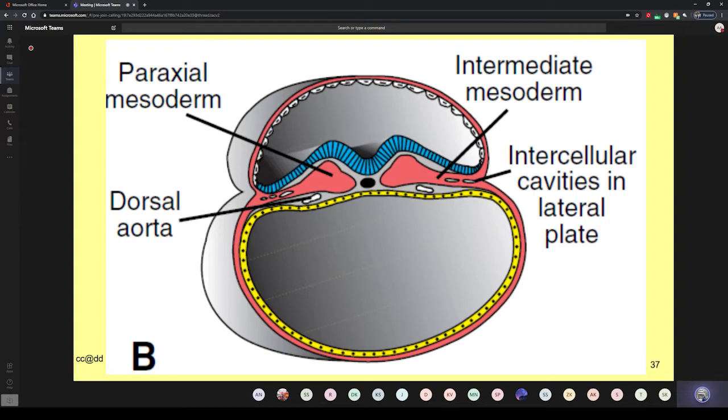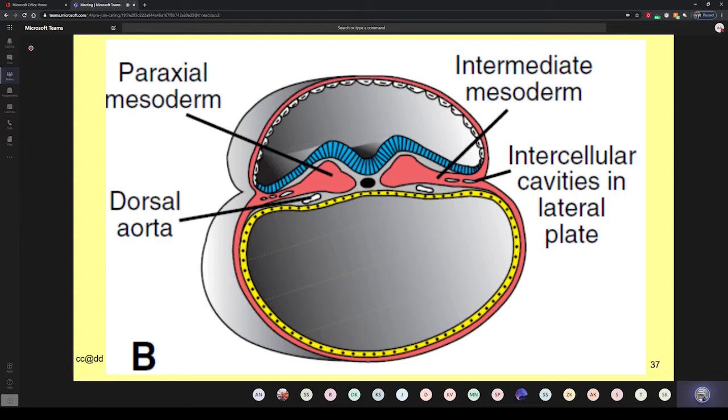Just by the side of the notochord, you can see a camel-like hump. You can see a hump of brown color. You see, it is labeled. It is called paraxial mesoderm. Paraxial mesoderm, right? You see why we are calling it paraxial?